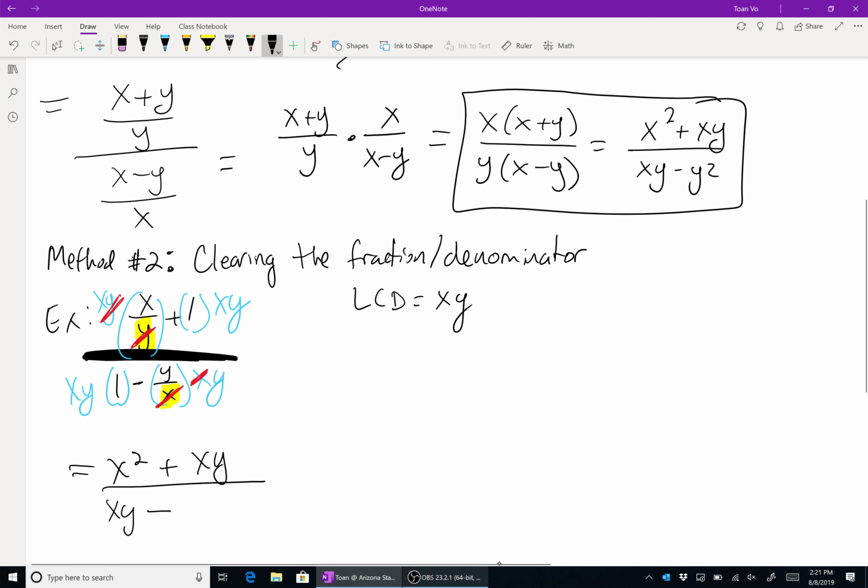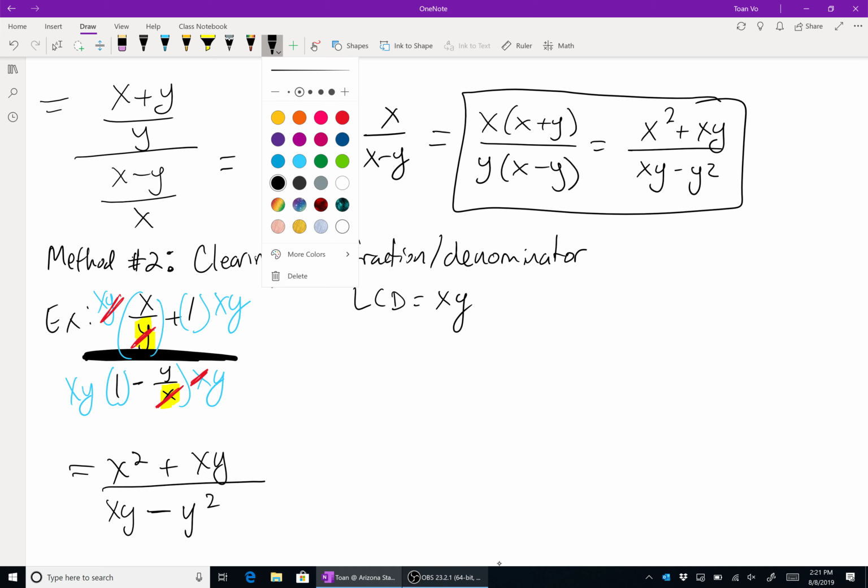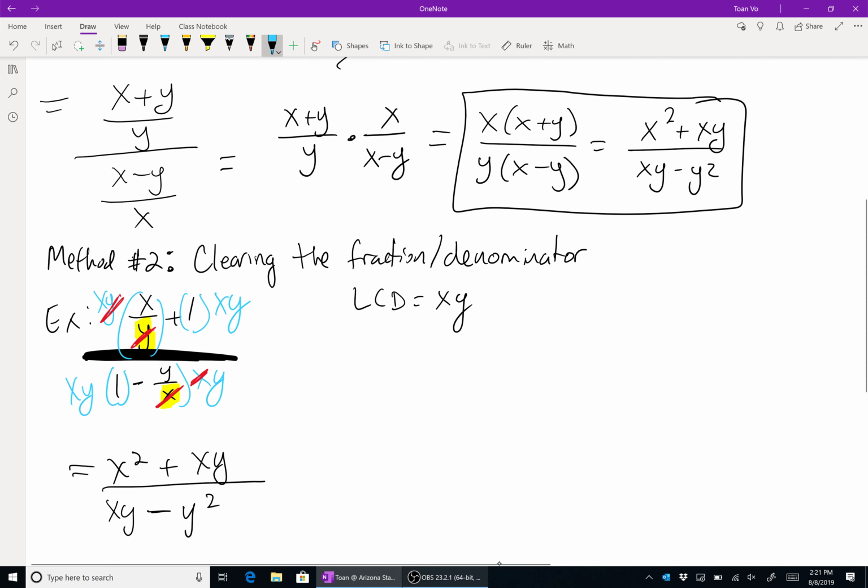Minus. And then what's left over here is y times y, which is y squared. I didn't copy down the problem correctly. I originally made this a plus when it should be a minus. And as you can see, it's identical. It's the same answer that we got from method number 1.